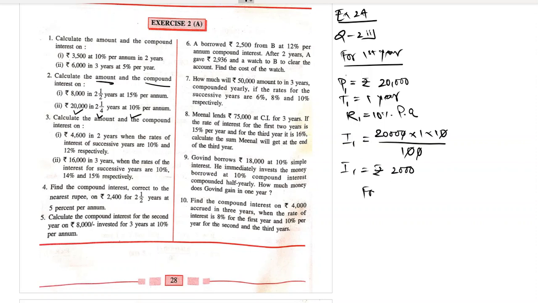Okay, then for second year, P2 is equal to, I'm sorry, I missed one step. I have to find A1, which is P1 plus I1. I missed one step.